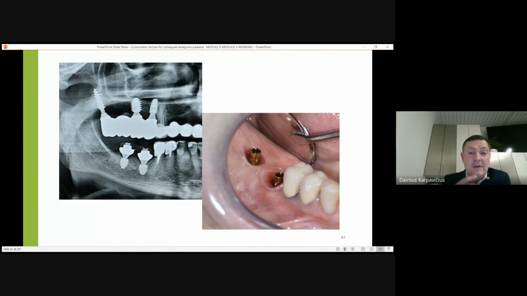Maybe I will share at the end of this lecture how I fixed this crown on conometric, and you will find what's happening with other implants that I placed maybe 15 or more years ago. And talking about the biology, we don't respect another additional change in our patients: aging.